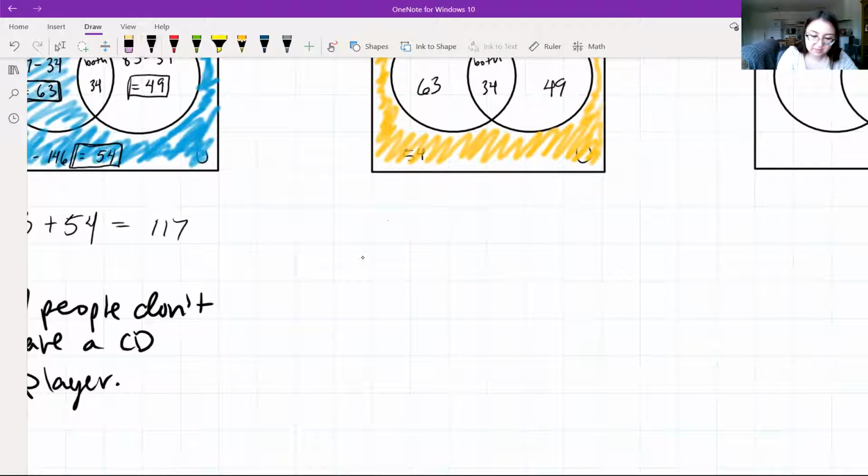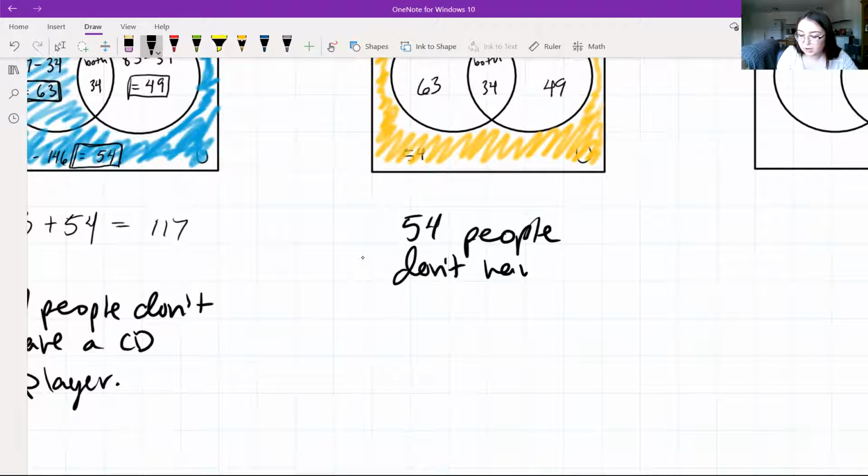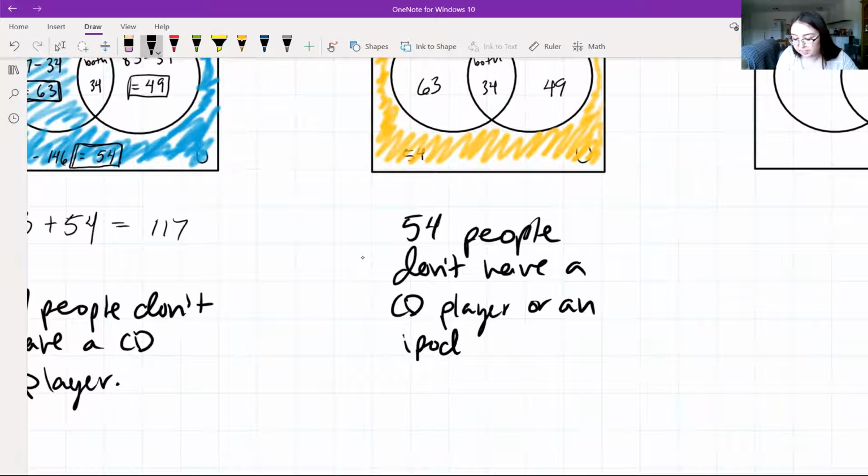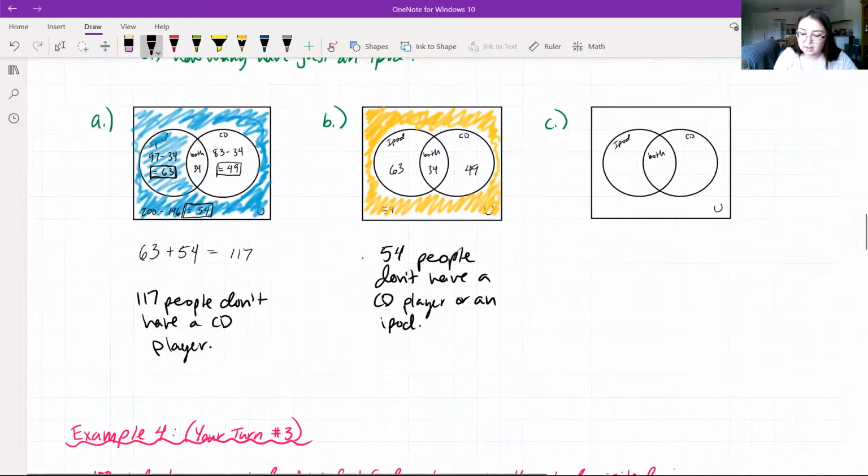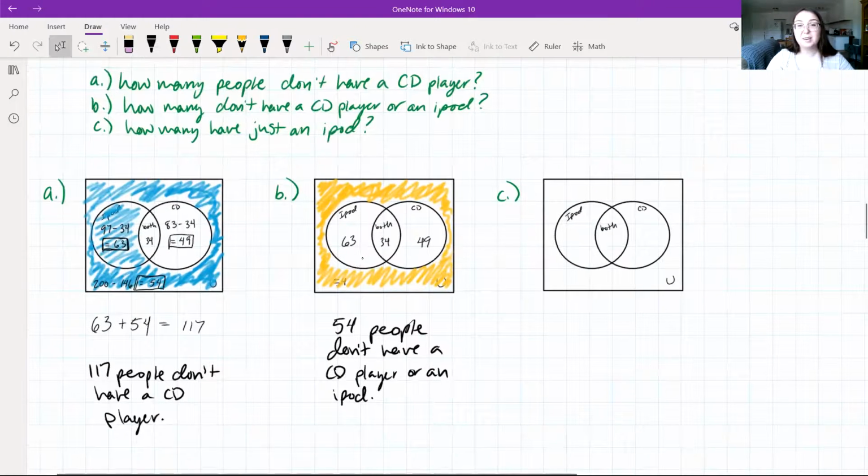So we say 54 people don't have a CD player or an iPod. So it becomes pretty clear once we've deciphered the value of each of the regions that finding our answers to a lot of these questions is fairly simple.